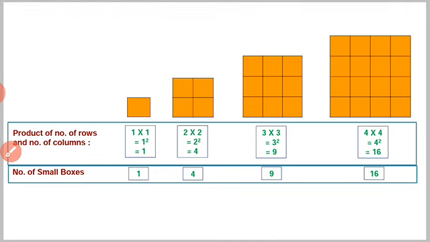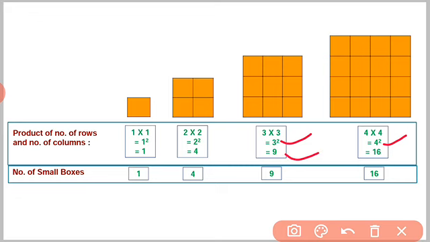So similarly, other numbers can also be expressed as 3 squared and 4 squared. And when we multiply 3 and 3, we get 9. And when we multiply 4 and 4, we get 16, and 1 times 1 is 1.